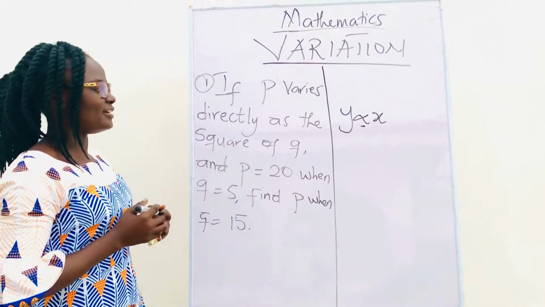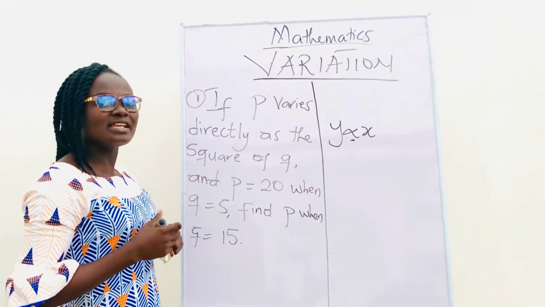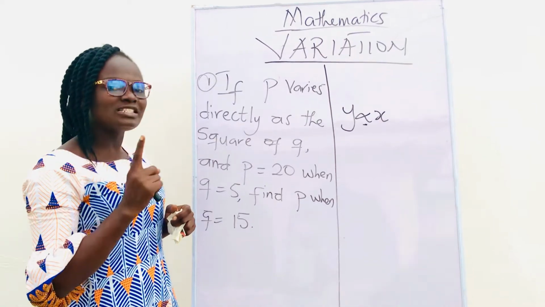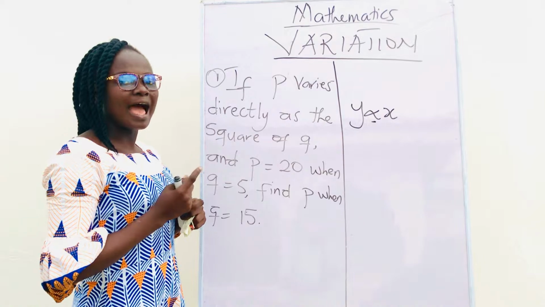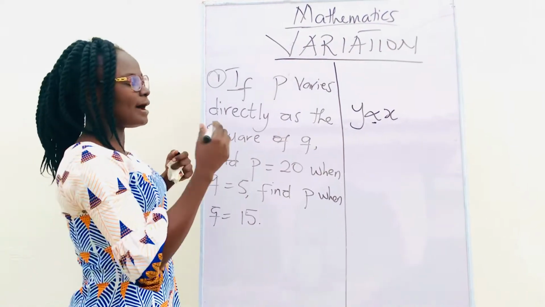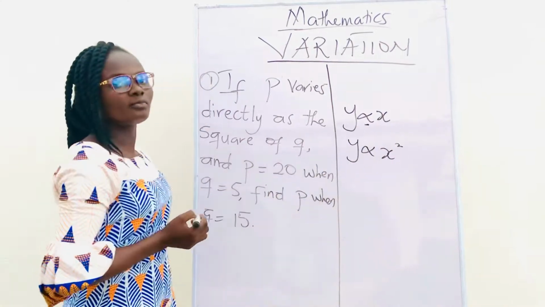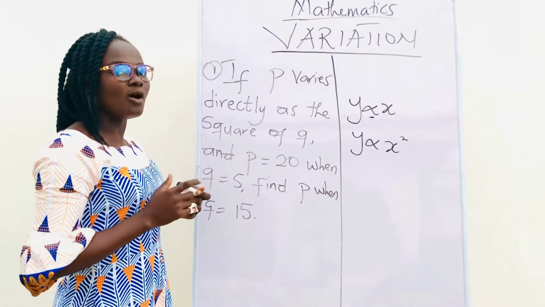That is the sign. Then, when you talk about y varies directly as the square of x, always listen to the demand of the question. As the square of x, you have to write like this. Y varies as the cube of x.